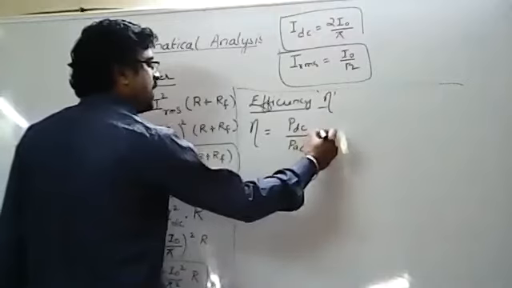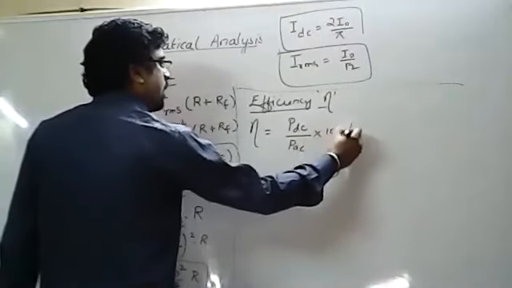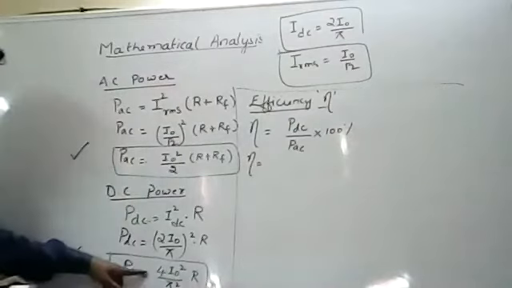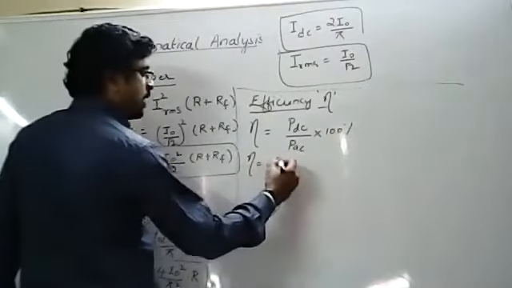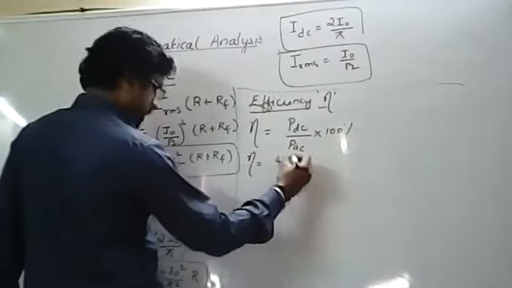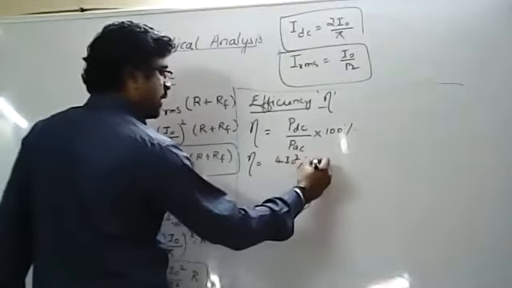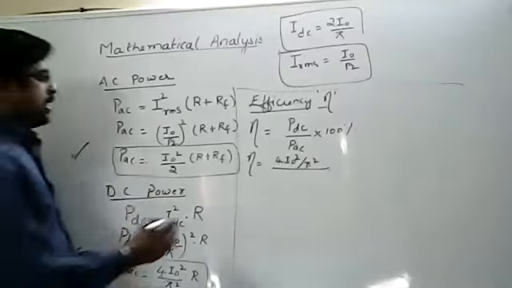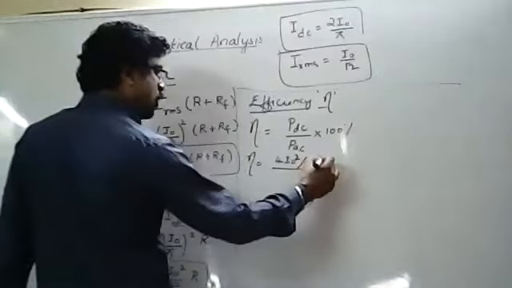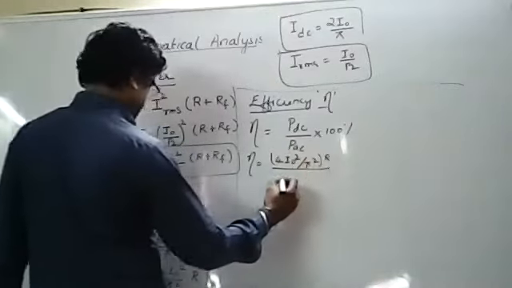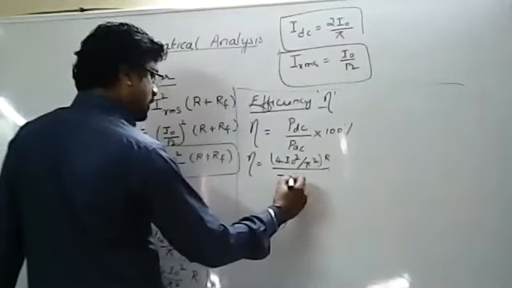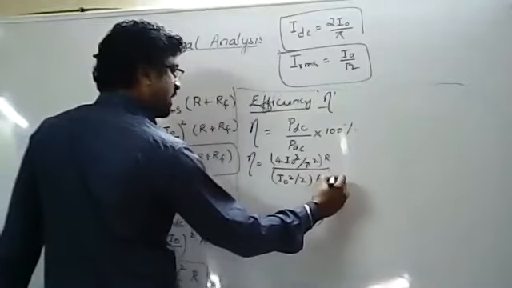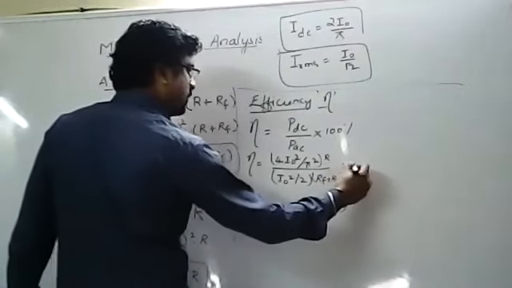What is the input I am giving? AC, into 100%. So eta is equal to, what is PDC? 4 I naught square by pi square into R, divided by PAC, I naught square by 2 into RF plus R, into 100.